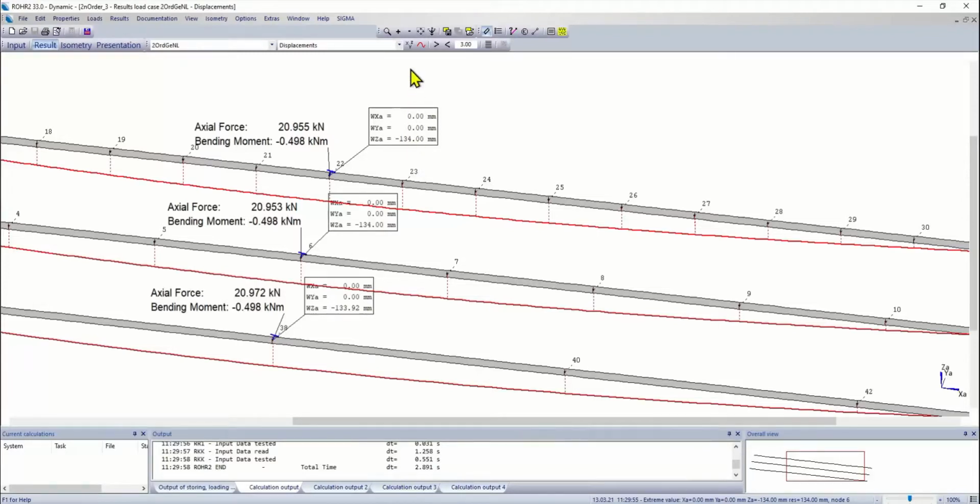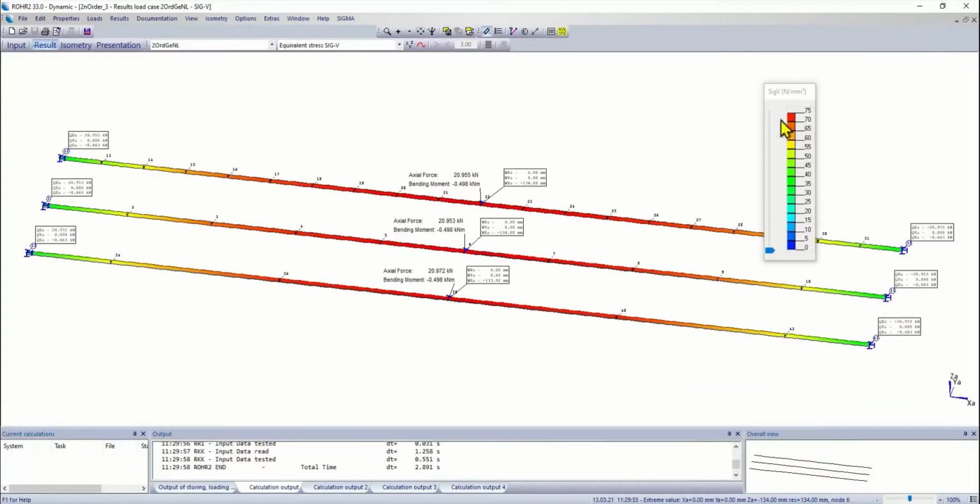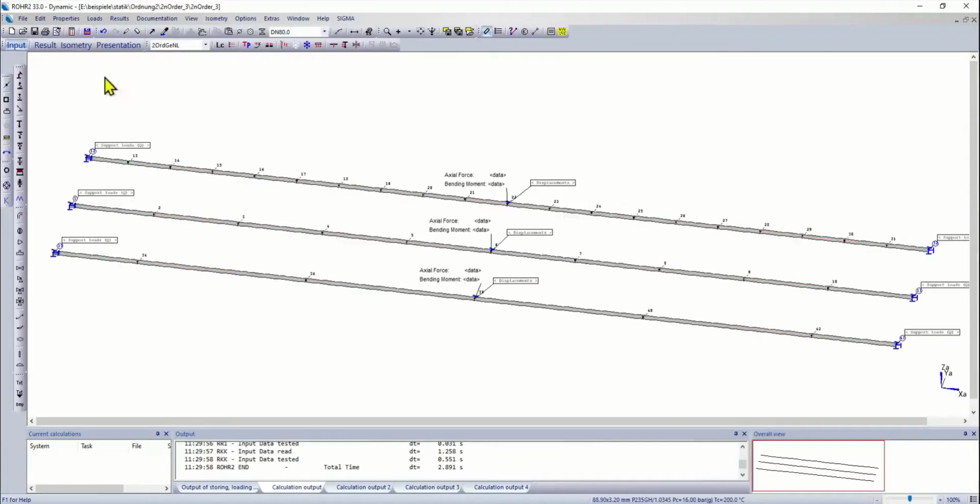Now, is this a good idea to avoid putting supports in a pipe? If we have a look at the equivalent stresses here, they are around 75 Newton per millimeter squared. This could be acceptable, but well, let's have a closer look what happens if we now add a load case with some temperature in it.